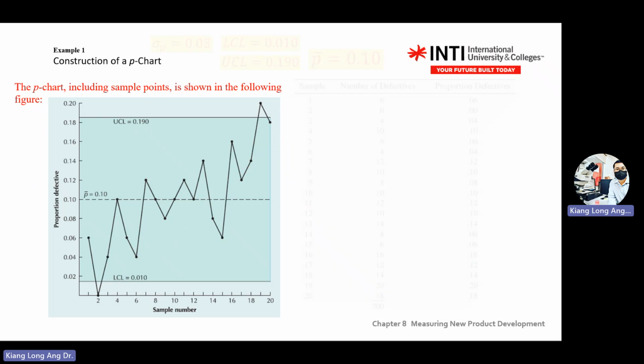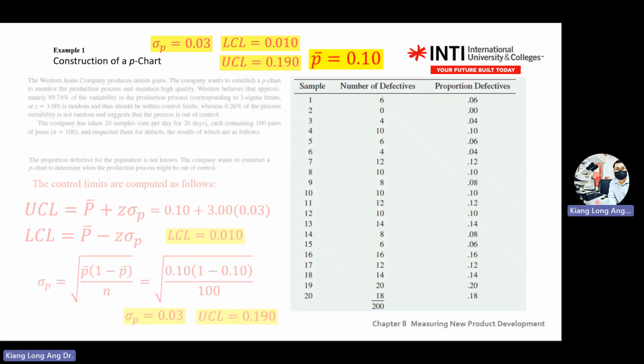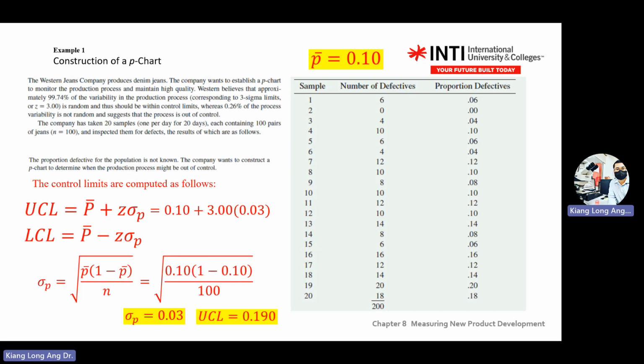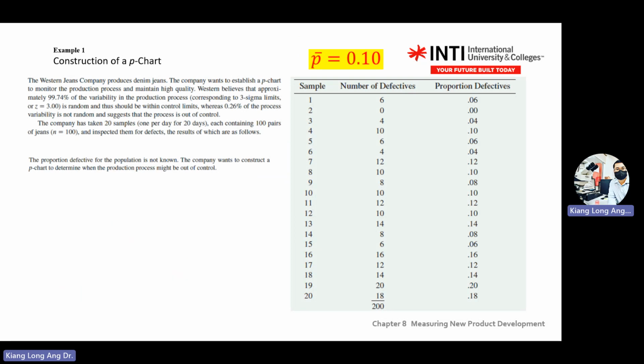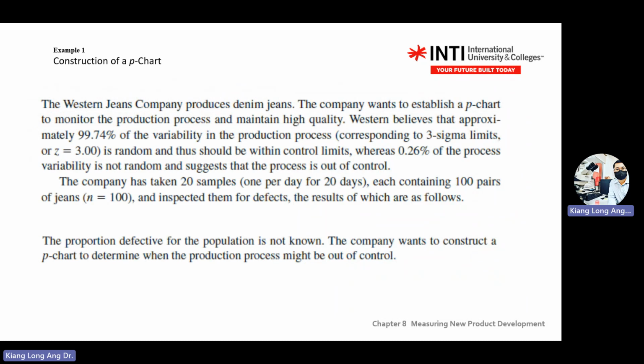Again, one thing you need to be careful about is the percentage in the question, which tells you how many sigma you're using. For example, here it tells you that you have approximately 99% of the variability of the production process. 99% covers 3 sigma to the left and to the right. Your sigma graph has a positive and negative side, so 99% covers left hand side and right hand side, 3 sigma, 3 sigma.